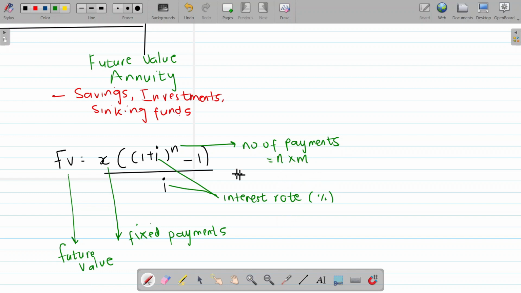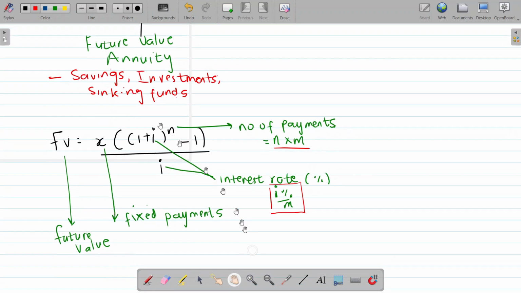and then also, super important, your interest rate, your I, as a percentage, you divide by the compounding period.